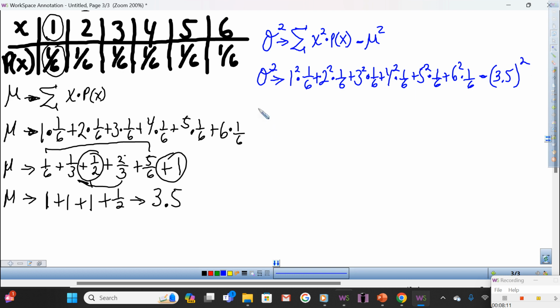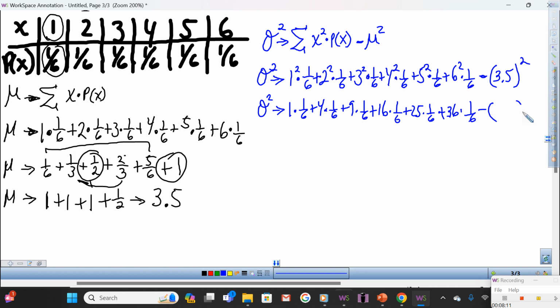All right, so variance. 1 squared is 1 times 1/6 plus 4 times 1/6 plus 9 times 1/6 plus 16 times 1/6 plus 25 times 1/6 plus 36 times 1/6 minus 3.5 squared. Let's see, calculators calculate. What is 3.5 squared?